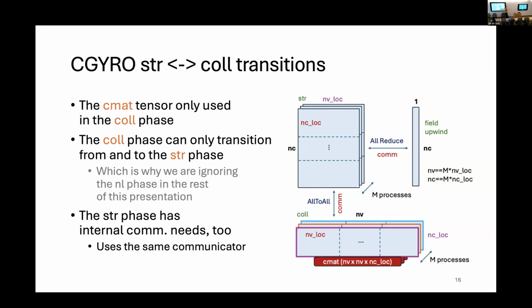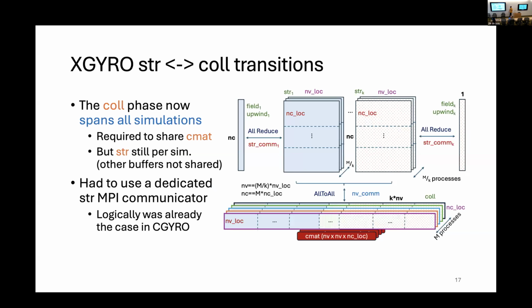And since the processes involved here and here are exactly the same, we were using the same communicator. There was no reason not to do that. However, the moment we want to share CMAT across all of the processes, that's not true anymore.